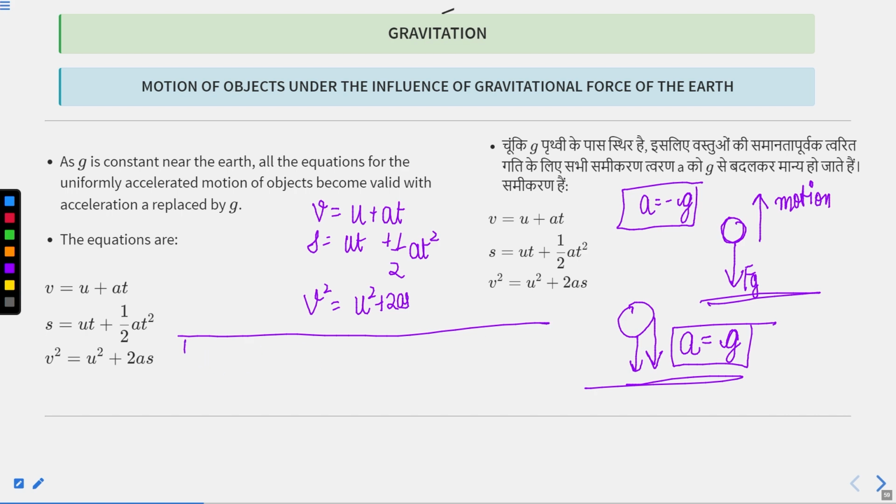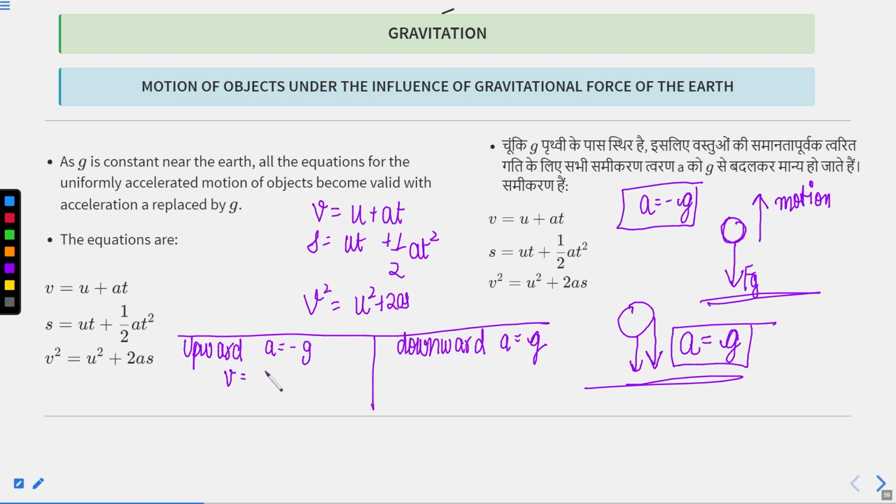So in the upward case, when any object is thrown upward, acceleration is negative gravitational acceleration, and in the downward case, acceleration is equal to gravitational acceleration. All three equations of motion will change.